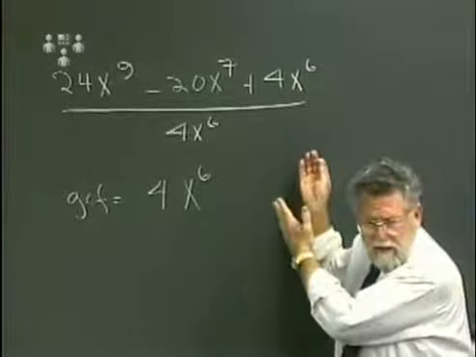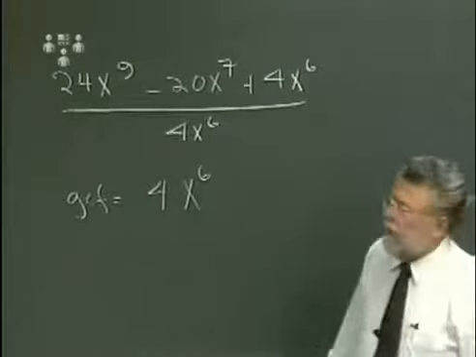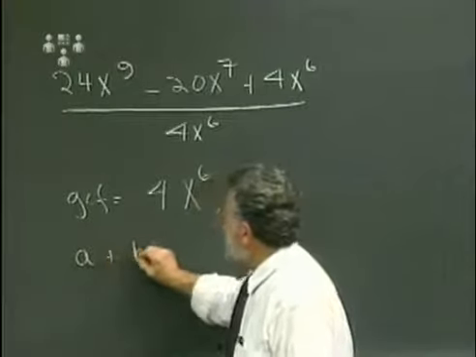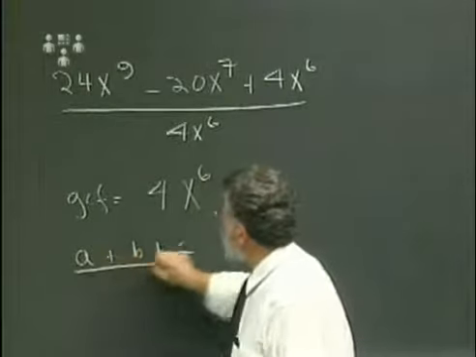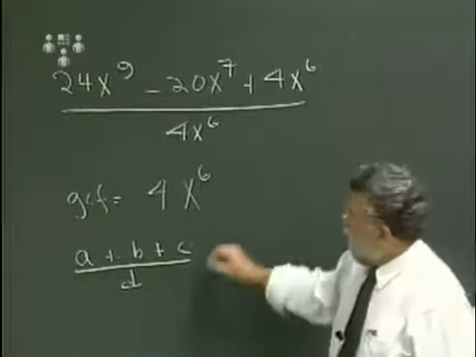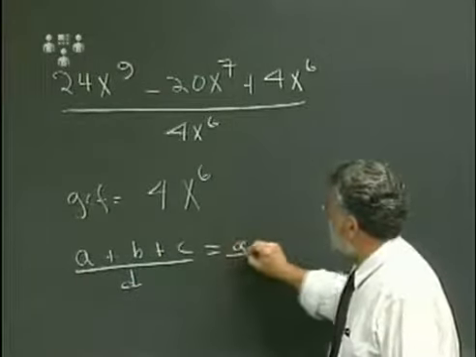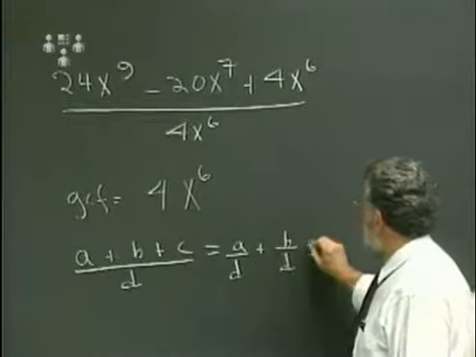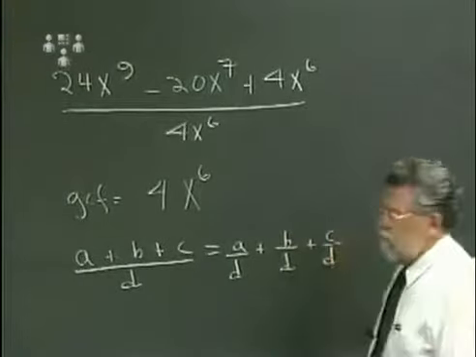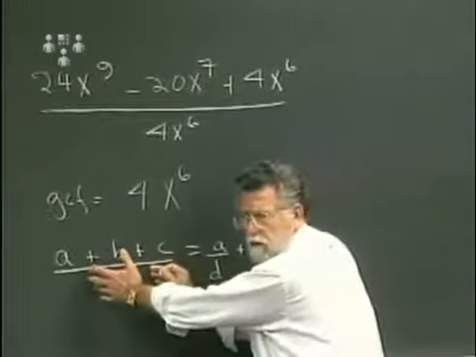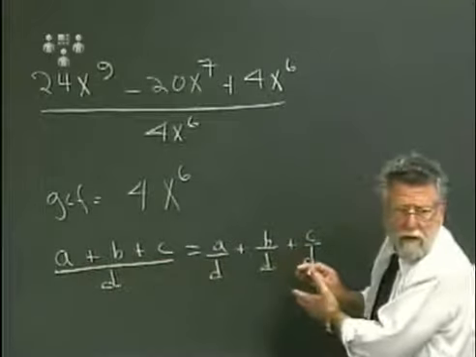Or I can do this, and I made a comment to you yesterday that I can look at A plus B plus C over D, because that's what I'm looking at. And I know that that is A over D plus B over D plus C over D. We usually go from here to here. But here's a case where I want to reverse it.